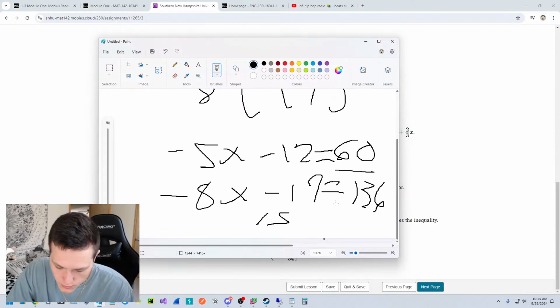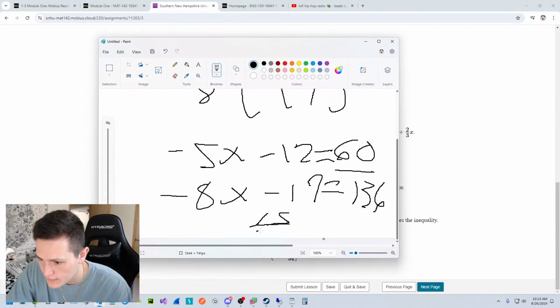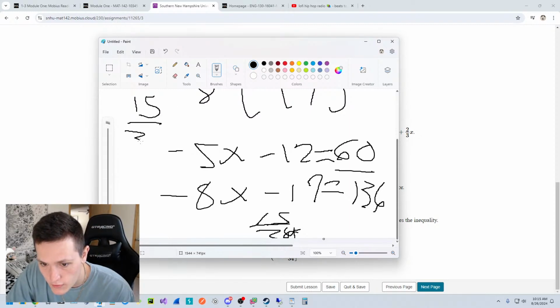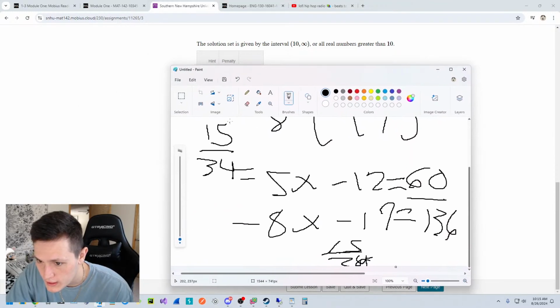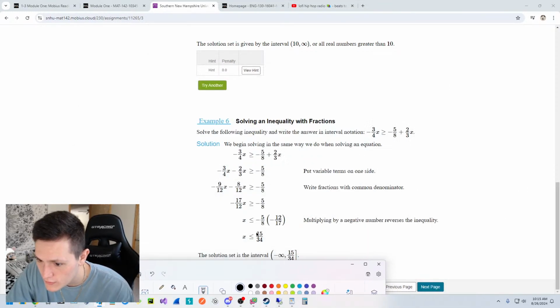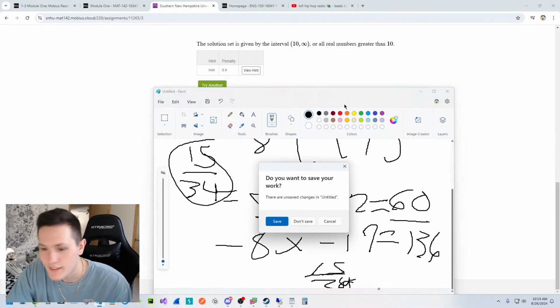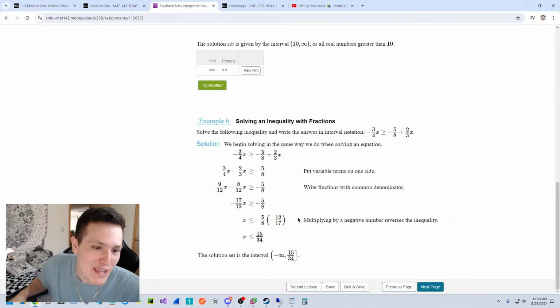And then you would take 136, divide it by 4, 34. So you have 15 over 34. Boom. 15 over 34. There you go. Solve that, baby.